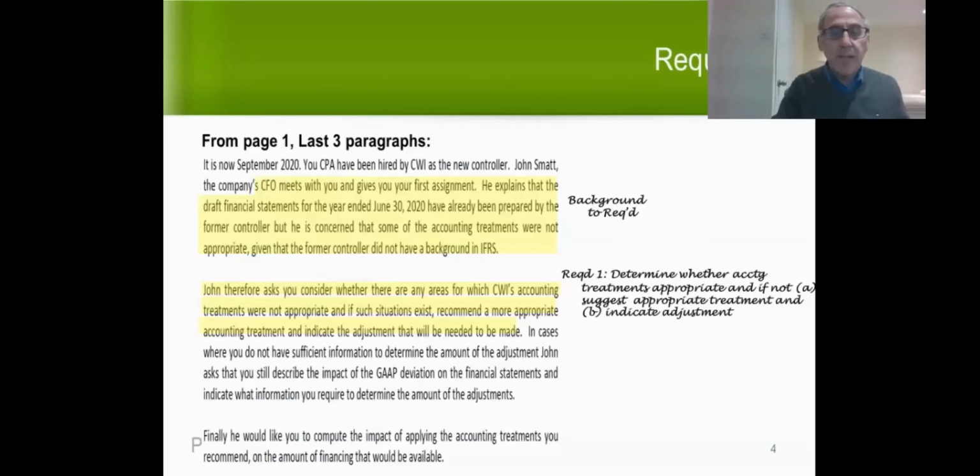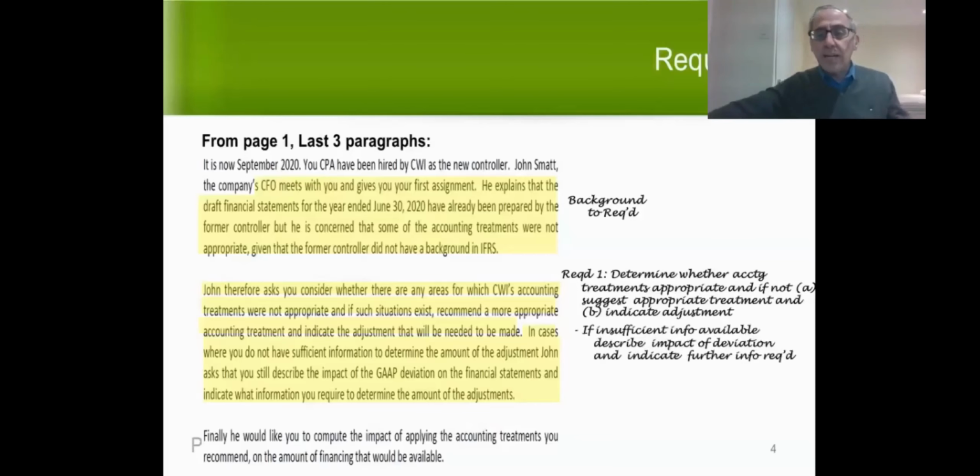Let's continue. In cases where you do not have sufficient information to determine the amount of the adjustment, John asks that you still describe the impact of the GAAP deviation on the financial statements and indicate what information you require to determine the amount of the adjustments. So the second sub-required here is that you may have issues where you don't have enough information to make the adjustment. You don't have the numbers that you need to make the adjustment.